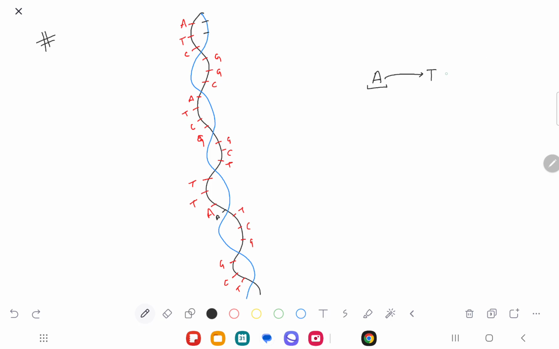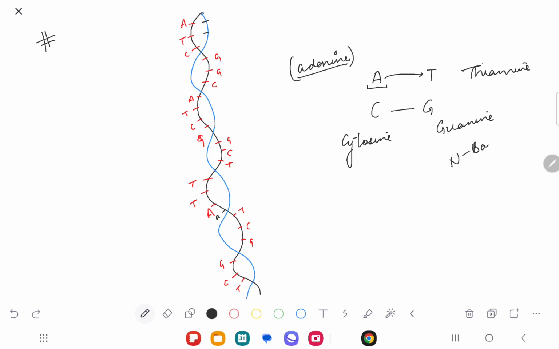Because A and T can join with each other, and C can join with G. C is cytosine, G is guanine, T is thiamine, and A is adenine. These are the nitrogenous bases. So if on one particular strand adenine is present, right in front of it we will always have thiamine.